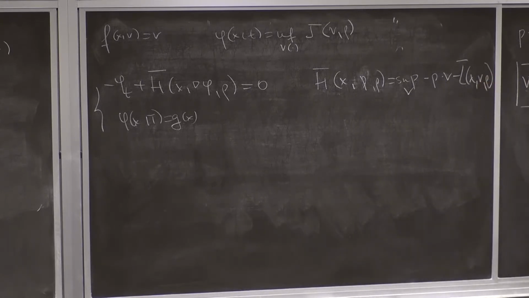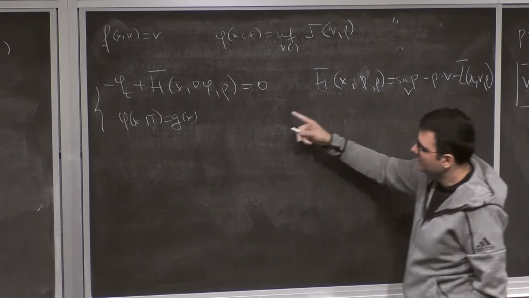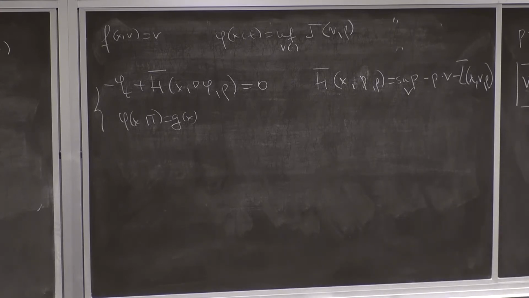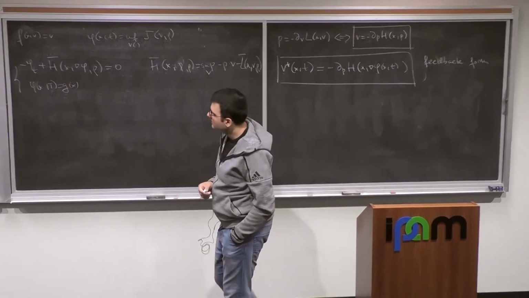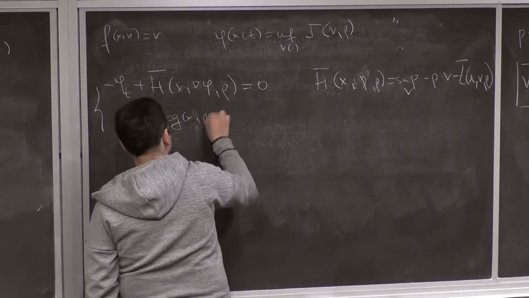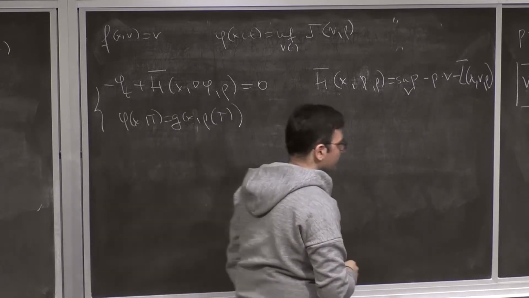So the only thing that changes is that now I have this rho, the density of the players, as a parameter, but I define the Hamiltonian in exactly the same way, and again, rho here enters as a parameter. Yes, thank you. Yes, exactly. Yes, this is important, actually.